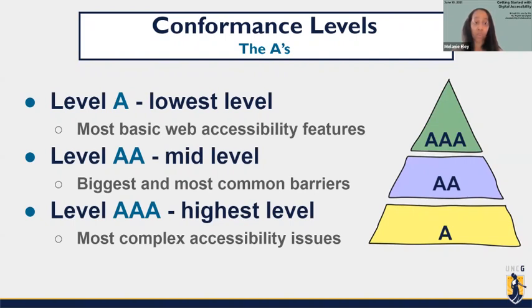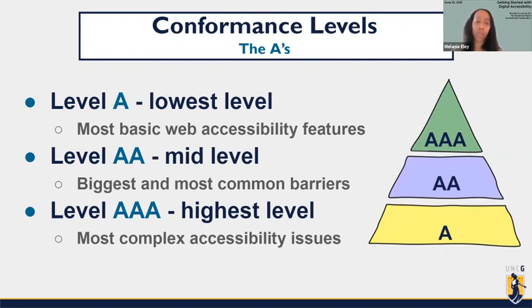If it has been met, that means that the most basic requirements needed for some people with disabilities have been achieved, and most people should be able to access the most basic features of your website. AA is going to be your mid-level range, and it's also the most common level sought by higher ed institutions and other entities.